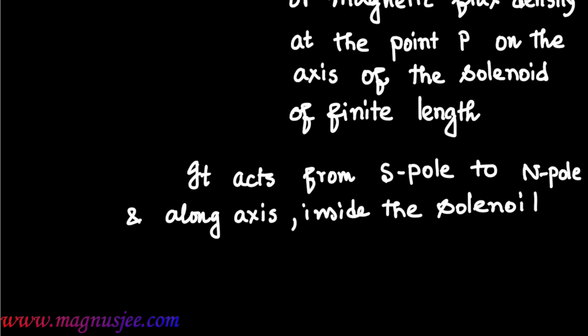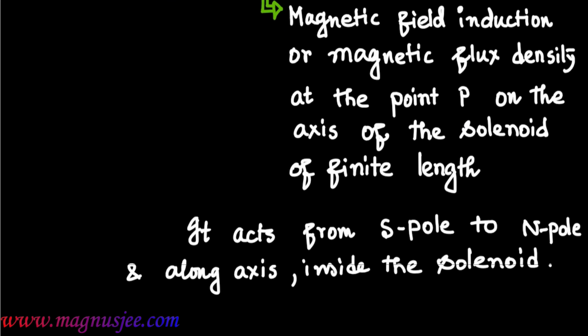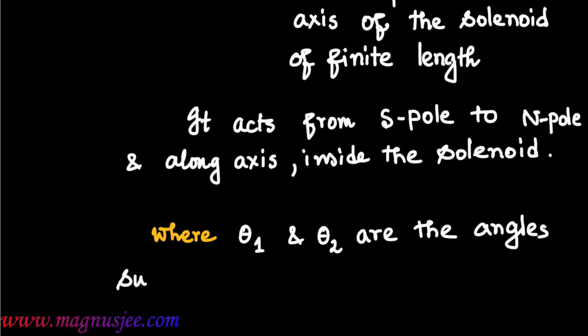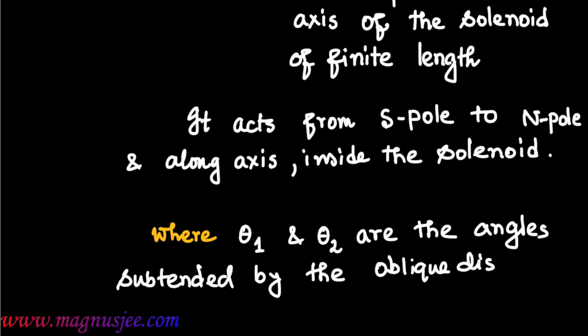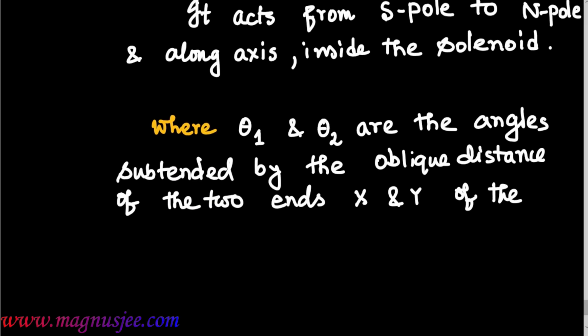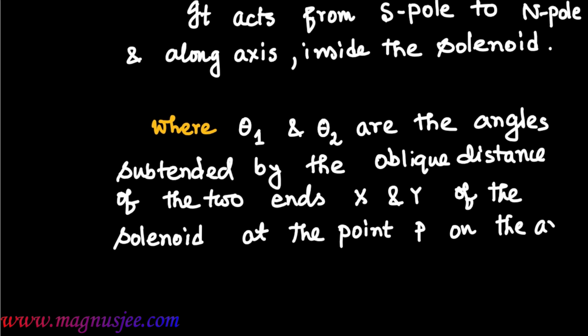Magnetic field B acts from south pole to north pole, where theta 1 and theta 2 are the angles subtended by the oblique distances of the two ends X and Y with the axis of the solenoid at the point P on the axis of the solenoid.